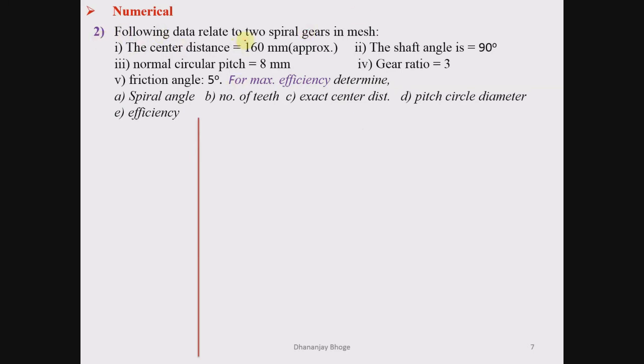Now write numerical number 2 quickly. Following data relate to 2 spiral gears in mesh. The center distance is 160 millimeter approximately. Shaft angle is 90 degrees.